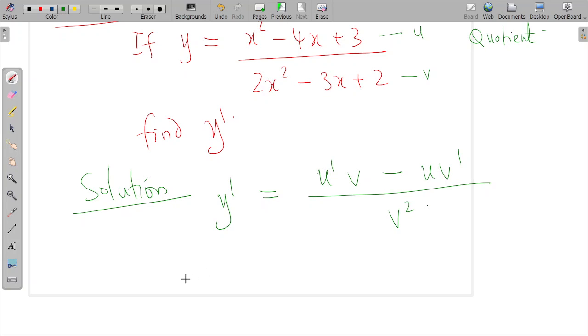So you derive the numerator and you have 2x minus 4. That is the derivative of the numerator. You must multiply it by the denominator.